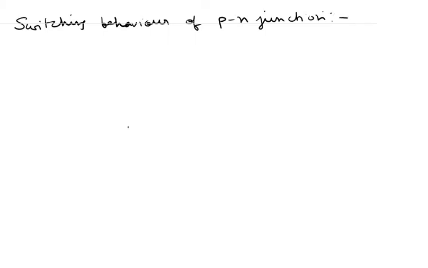Let us assume that a diode is connected to the ground. So this is the symbol of a diode. I don't remember if I have shown it earlier. This arrow indicates in which direction current can flow. As we have seen, in the forward bias situation, the current always flows from the P side to the N side.